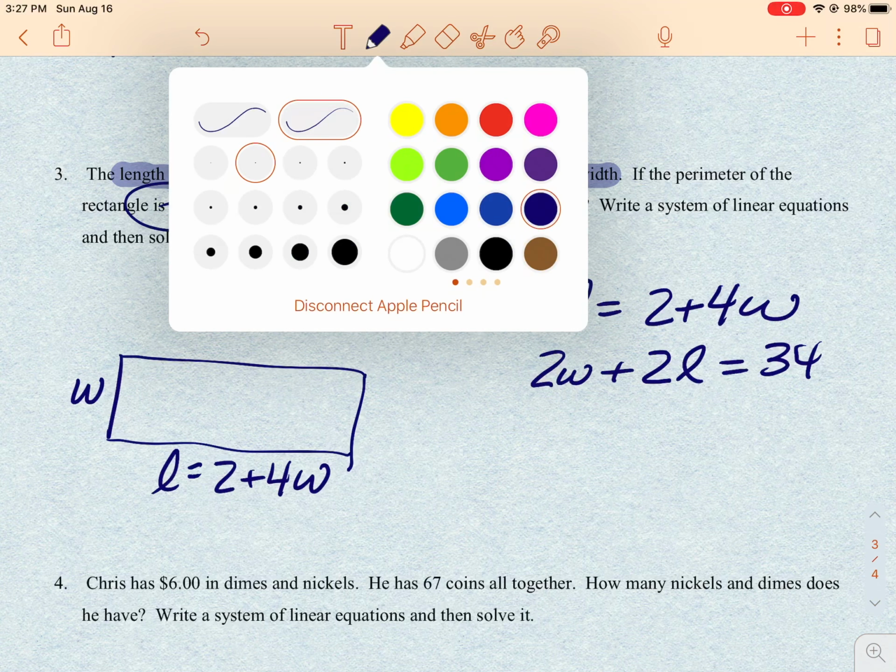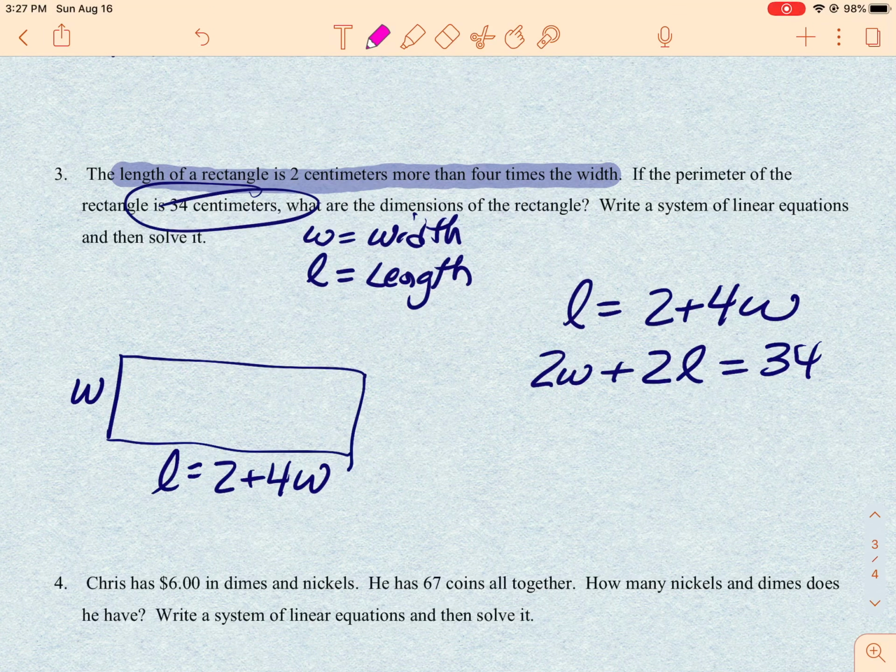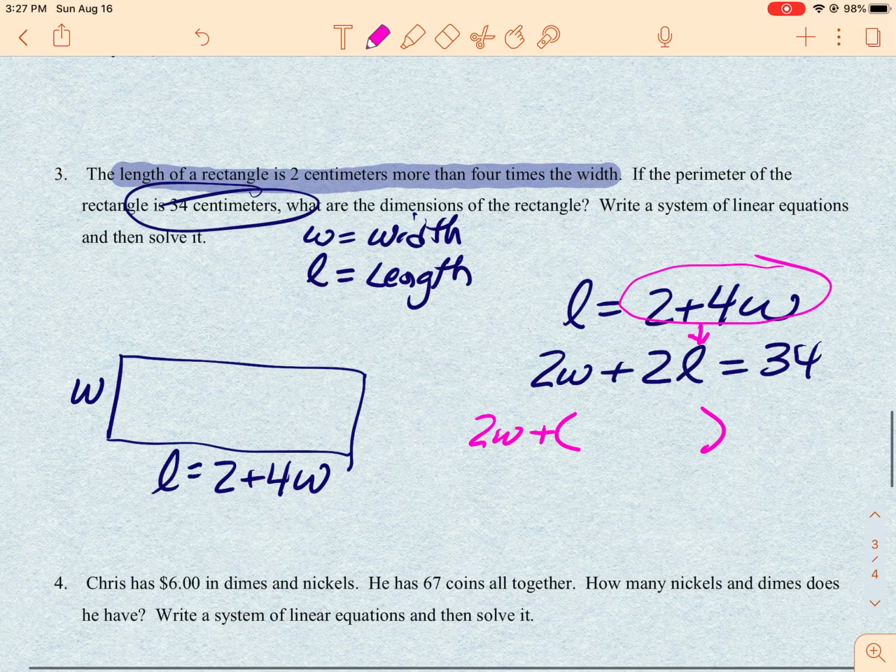So if we're actually going to solve this, I think substitution is the best because you have an L all by itself, and plug that in right there. So you're getting 2W plus blank equals 34. Well, what is that blank? It's a 2 plus 4W. So you plug that in.